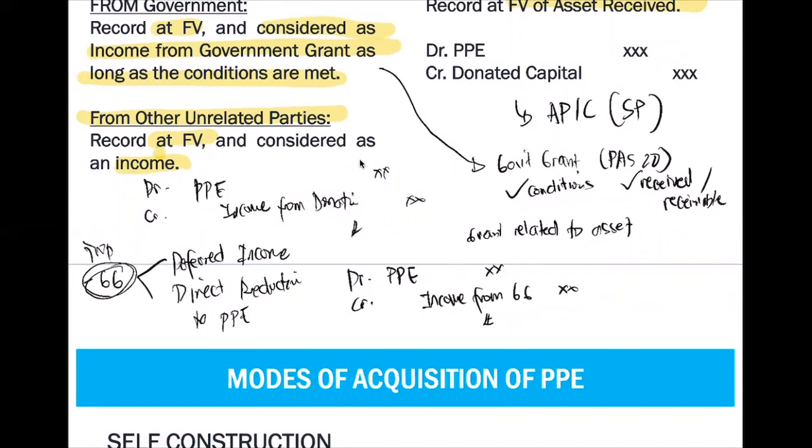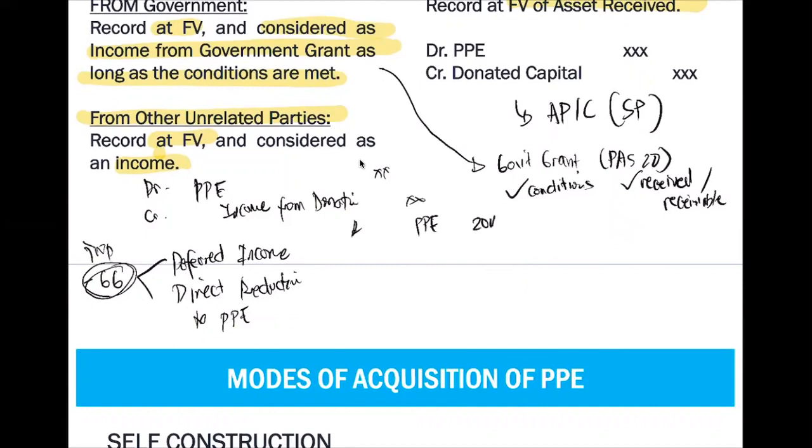So for example, guys, I'll just erase this one. For example, you have here a property, plant, and equipment which is worth 20 million, and you have here a grant which is worth 2 million. So you have two modes to present that grant. It's either deferred income or a direct reduction to PPE.